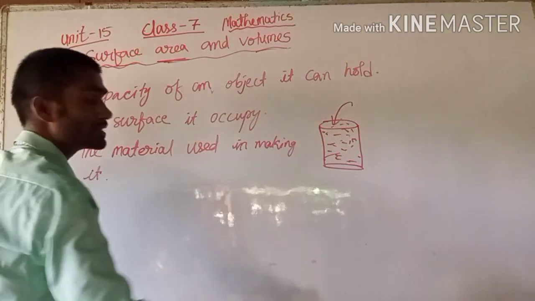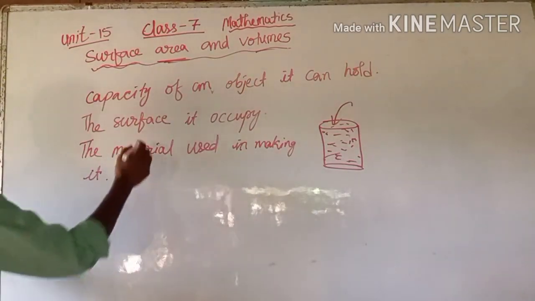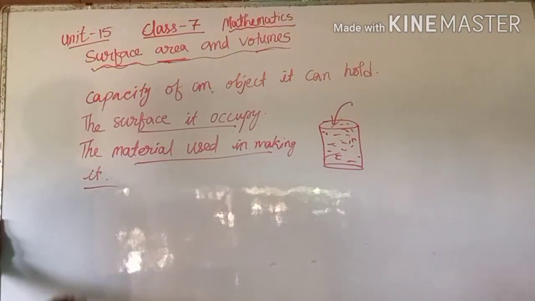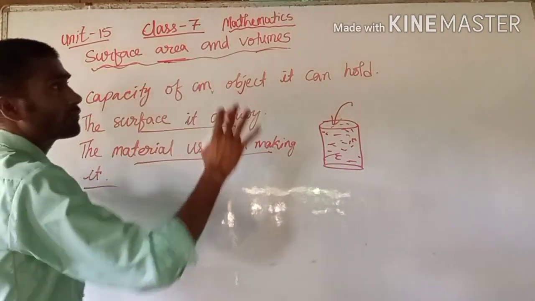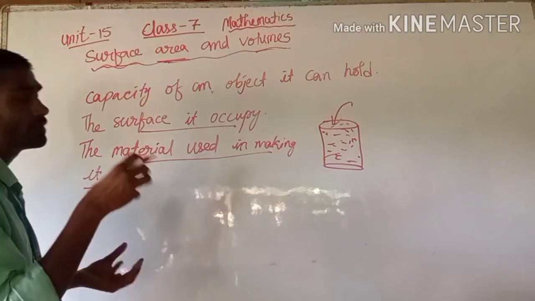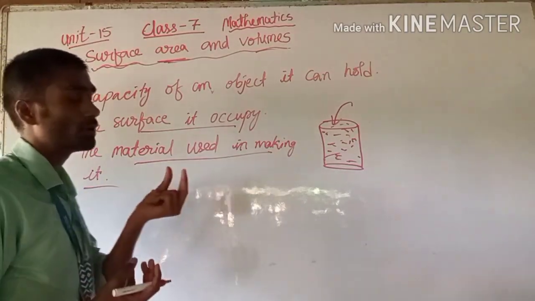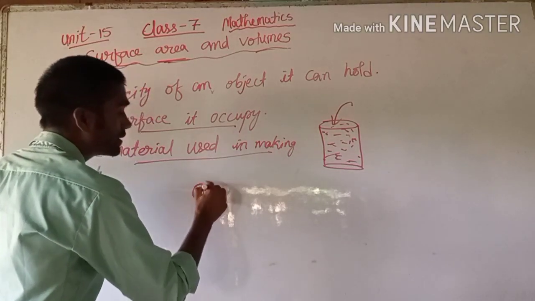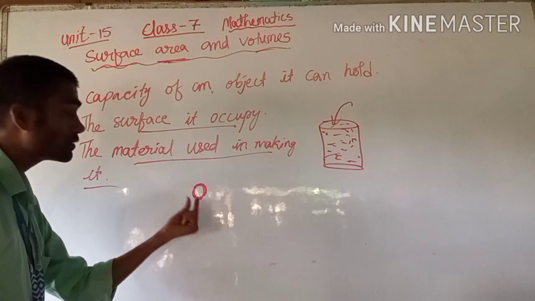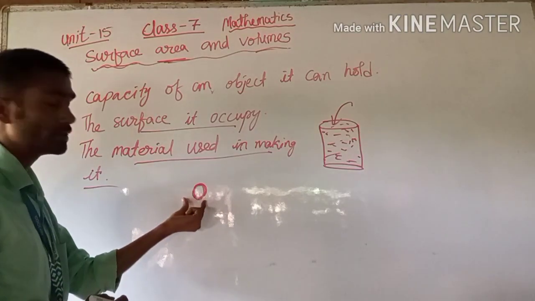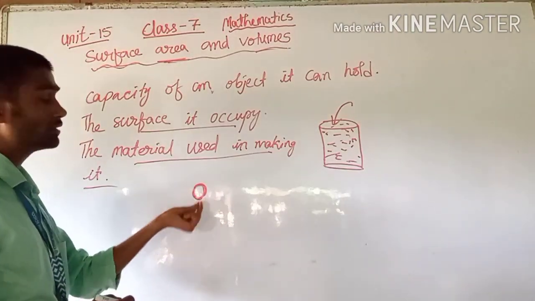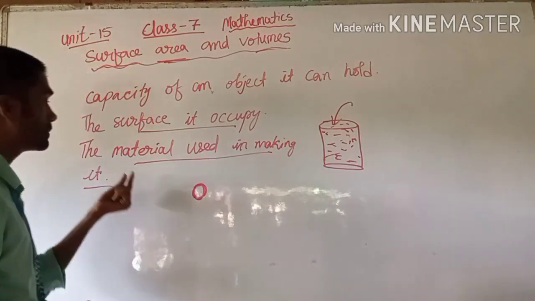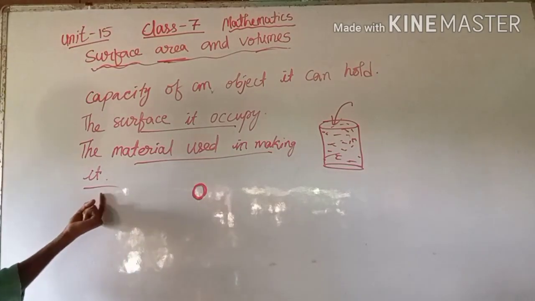That surface, the space that it is occupying, that we are talking about, and the material used in making it. That means the volume of the material. Suppose if we are saying about marbles, what is the amount of material used in making such marbles, that we are talking about.